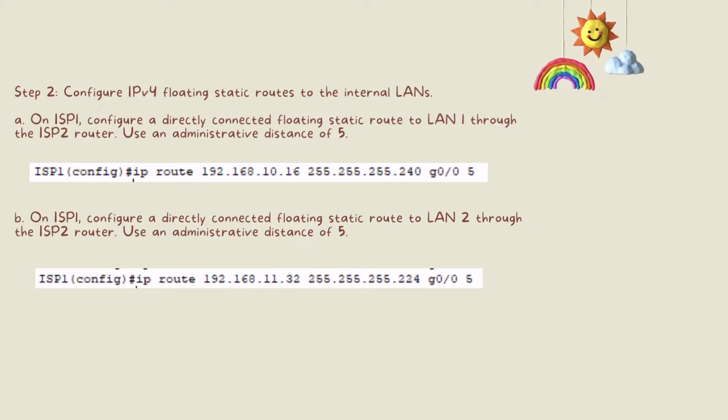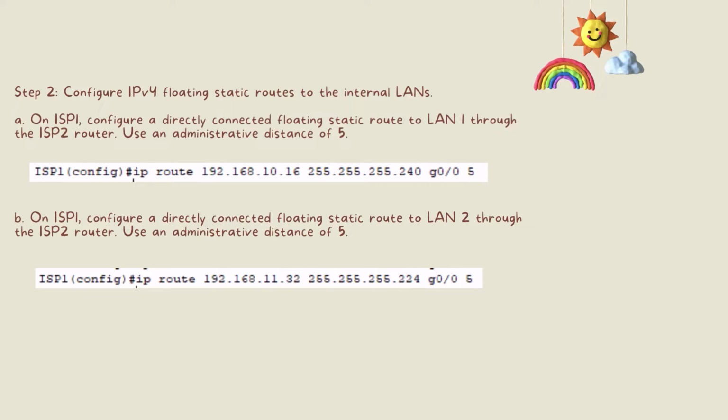Okay, insert the ip route command 192.168.10.16 and 255.255.255.240 and G0/0/5. Okay, and on ISP1, configure a directly connected floating static router to LAN 2 through the ISP2 router. Use an administrative distance of 5.